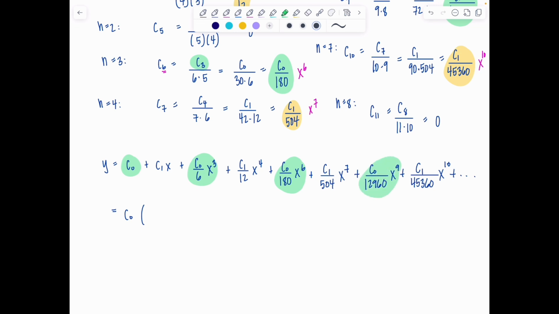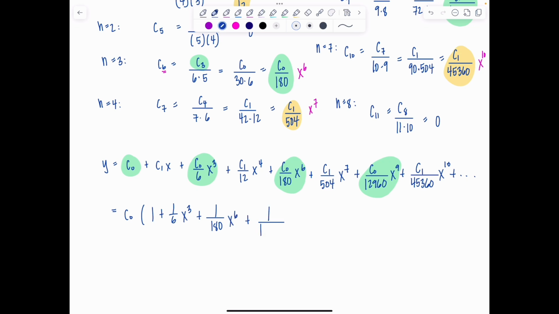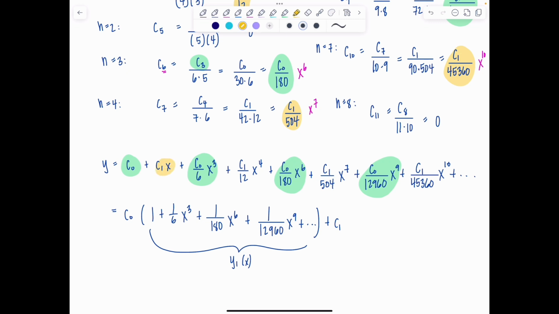Yes, and then you're left with 1 plus 1/6 x cubed plus 1 over 180 x to the 6th plus, and I'm not making you find a rule or pattern for the coefficients, so you can just stop like this. And all of this is my y1 of x plus, and then we have C1 as part of the coefficient on all of these terms here, so I can factor it out as well.